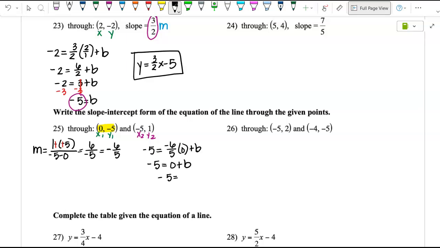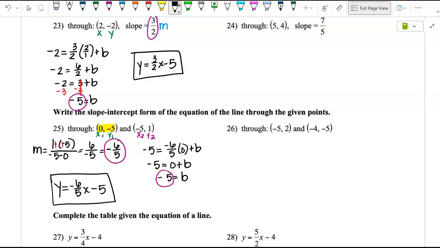So negative 5 equals b. So now I have my slope. I have my y-intercept. y equals negative 6 over 5 x minus 5. That would be the equation of the line that goes through that pair of points.